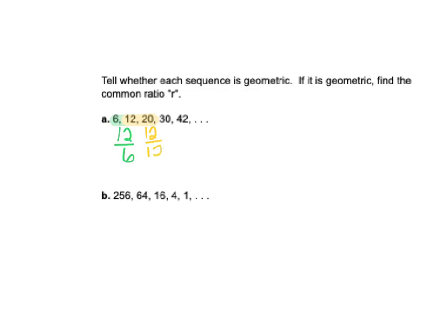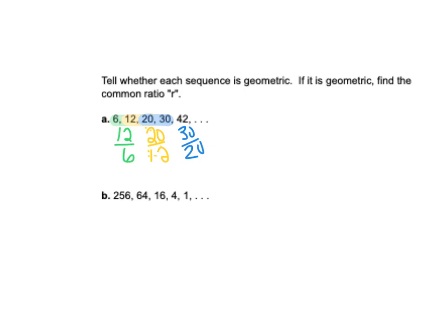Then the next two, 30 divided by 20. If each of these simplifies to the same thing, then it's geometric.